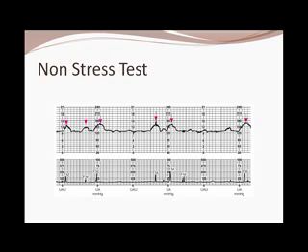So we would want to see accelerations go up to about what number at least? It's 15 beats above baseline, so if we are saying that the fetal heart rate is hanging out at around 130 beats per minute, we would want to see that the fetal heart rate goes up to at least 145 beats per minute and stays there for at least 15 seconds.